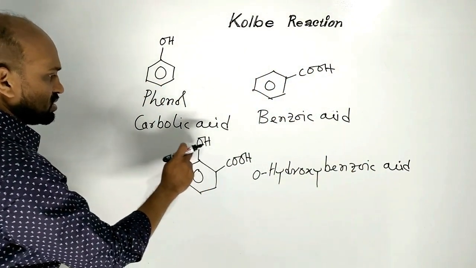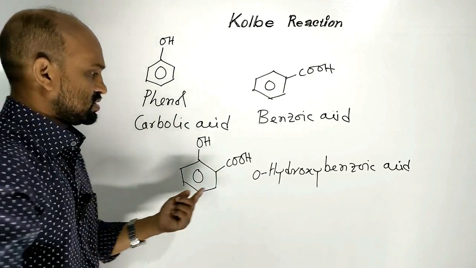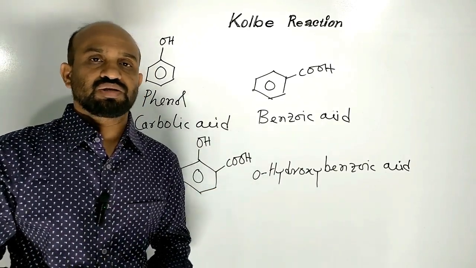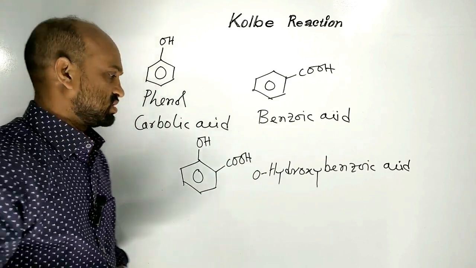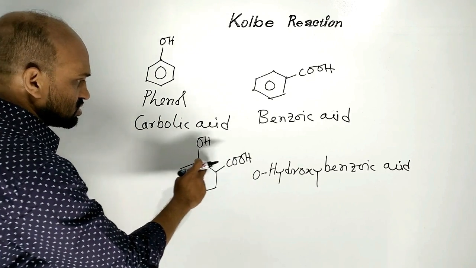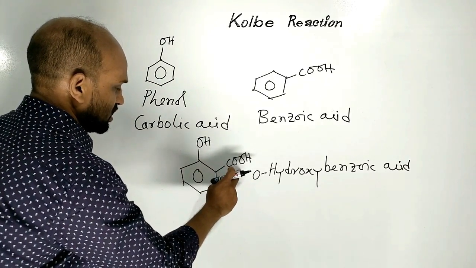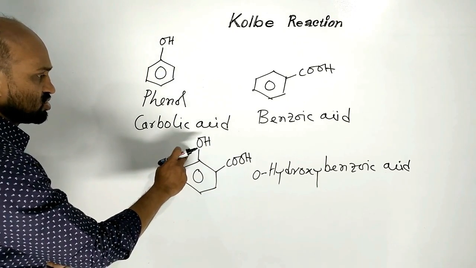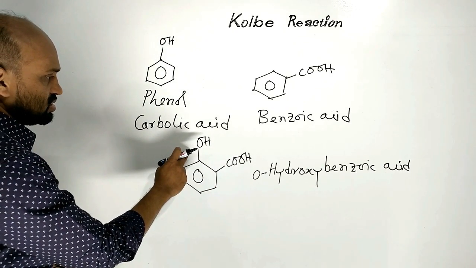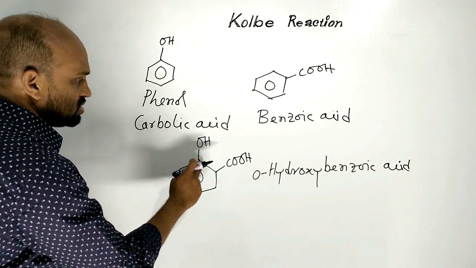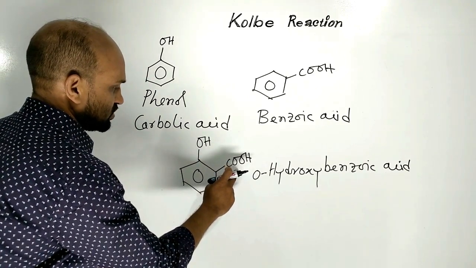Carboxyl group and hydroxyl group, they are at ortho positions with respect to each other. Hydroxyl group is at ortho position with respect to carboxyl group, and carboxyl group is at ortho position with respect to hydroxyl group. Let us consider hydroxyl group is at ortho position with respect to carboxyl group.